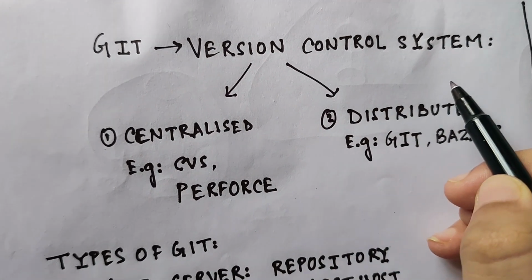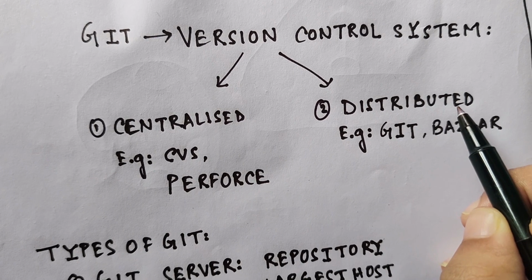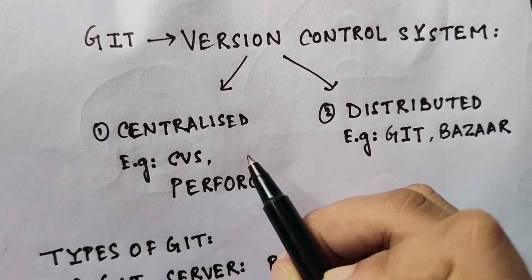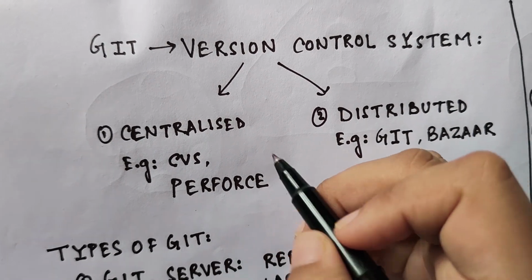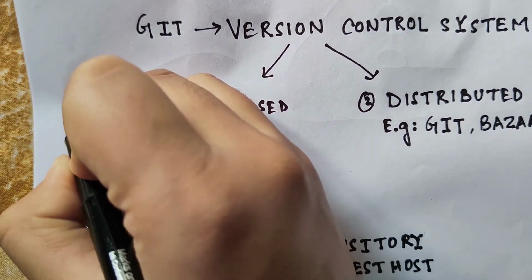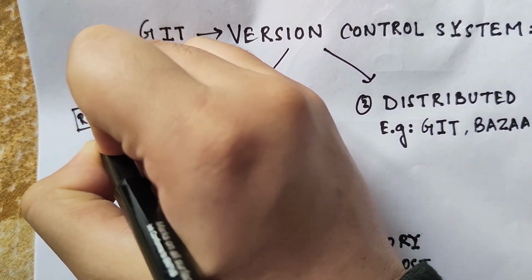Version control systems are basically of two types. One is the centralized version control system and another one is the distributed version control system. While talking about the centralized version control system, we can show it here. It has a central server, from a central server, that is the repository here.